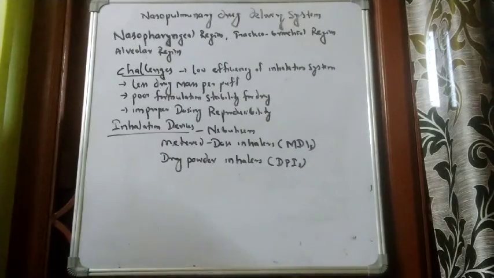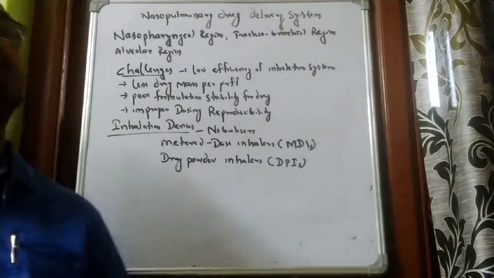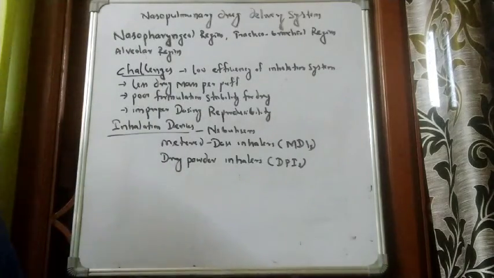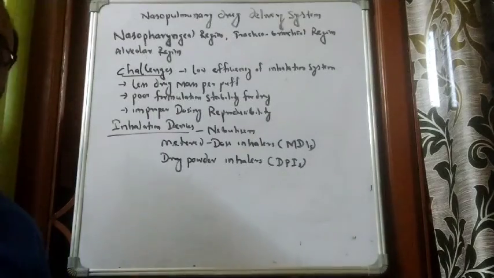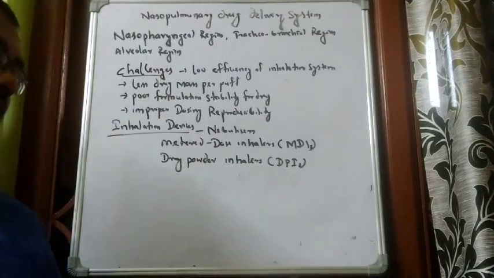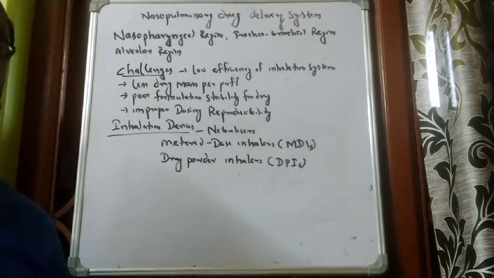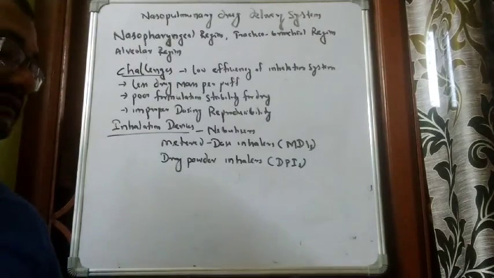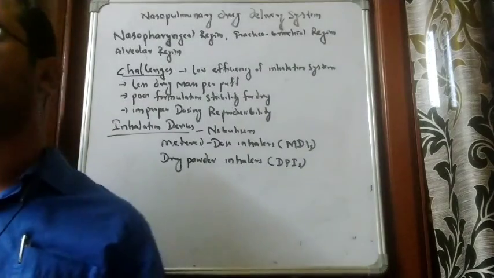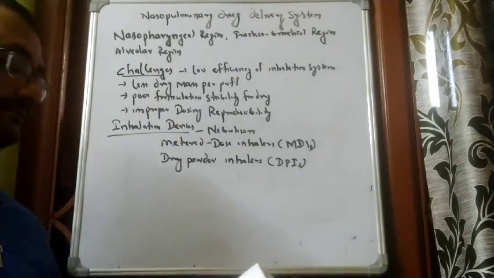The nasopharyngeal region is the upper airways, the tracheobronchial region is called the central airways or conducting airways, and the alveolar region is called the respiratory airways or peripheral airways. These are the lung anatomy and the regions where we deliver the drug delivery system.